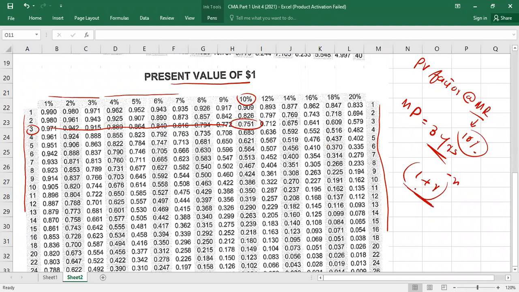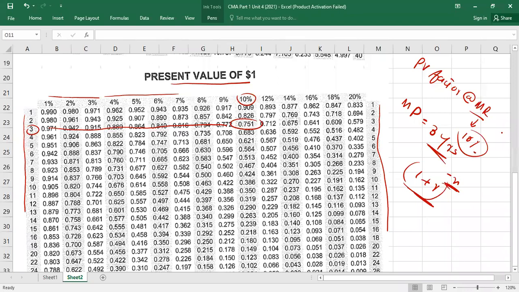Because you are not allowed to use a scientific calculator in your exam, this table will be given, since to solve this raised to power minus N you would need a scientific calculator. So you don't need to memorize this formula. You just have to search the table. The table will be given in the question in the exam, so you have to use the values from that table. Understood?